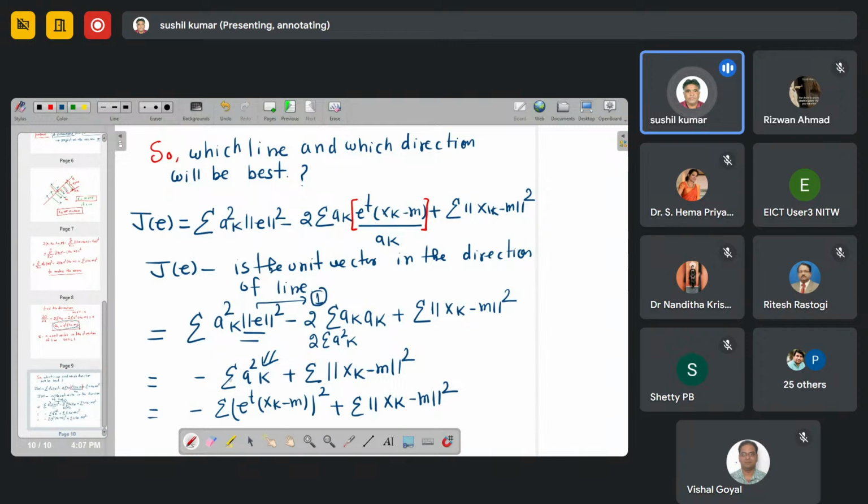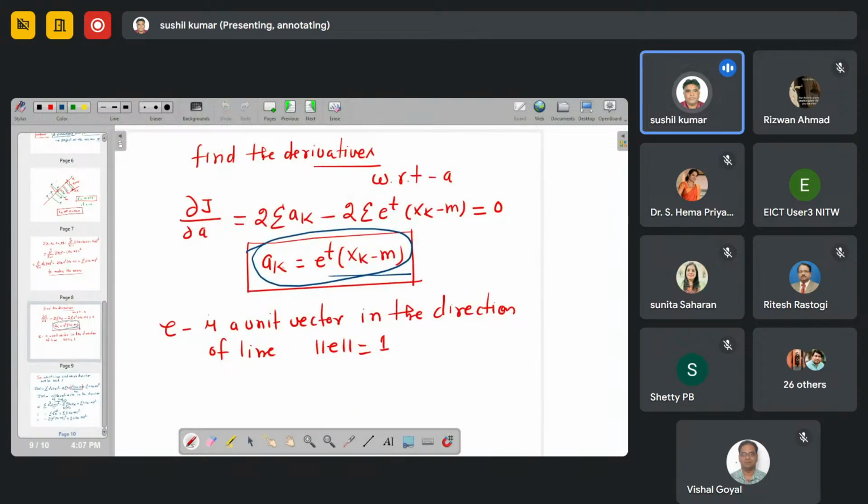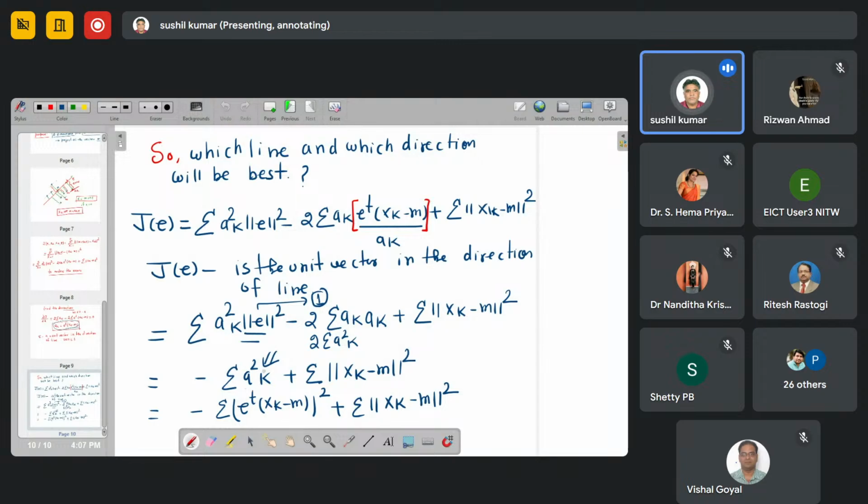I think there should be no doubt about this a of k. I am writing e transpose (xk minus m), and this particular value I have replaced here.